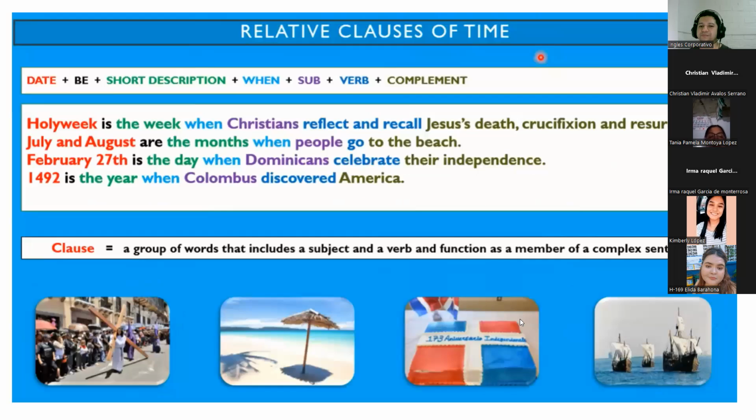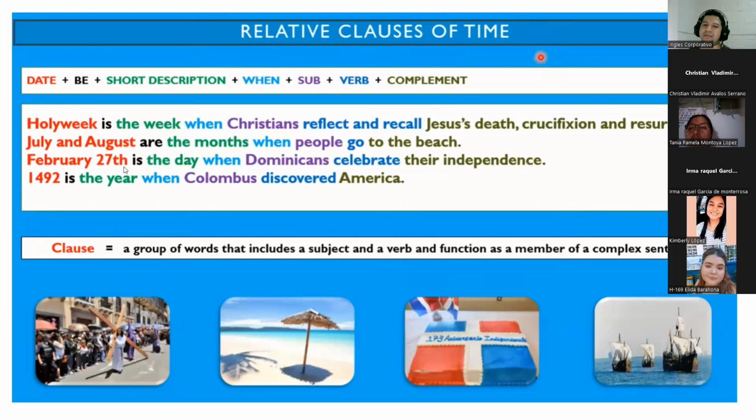And so on, right? Teacher, but how can I write sentences like this? The structure we have here is: date, be, short description, when, subject, verb, and complement.